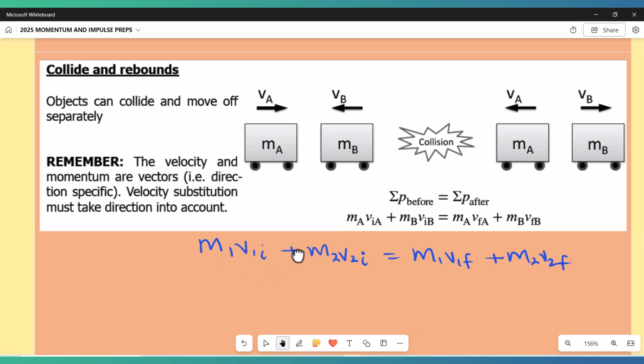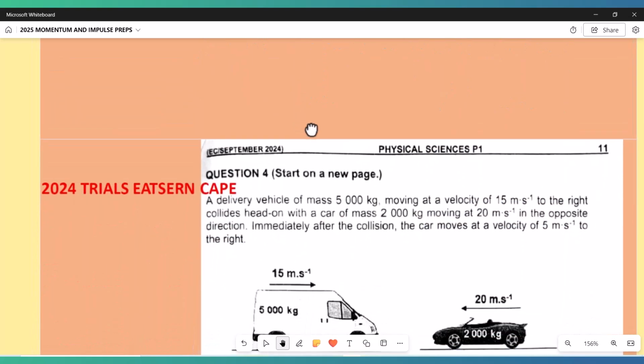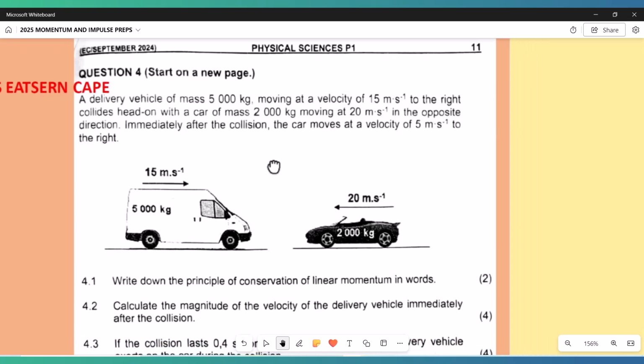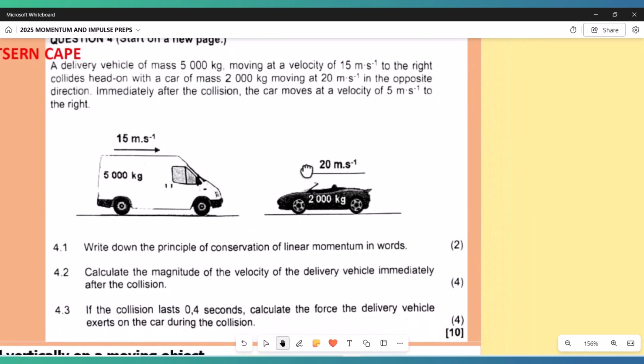Let's look at an example here. This was asked last year, 2024, from Eastern Cape, question 4. They said that a delivery vehicle of mass 5,000 kilograms moving at a velocity of 15 meters per second to the right collides head-on with a car of mass 2,000 kilograms moving at 20 meters per second in the opposite direction.